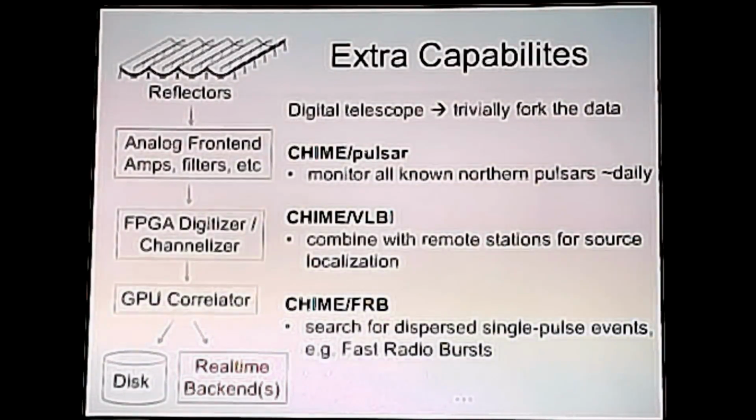Particularly, there's a project which monitors every known pulsar in the northern hemisphere. There's a project which does very long baseline interferometry between CHIME and other telescopes, which we call the baseband. Most recently, and I think the most interesting, is the Fast Radio Burst project. I'll get back to that in a minute.